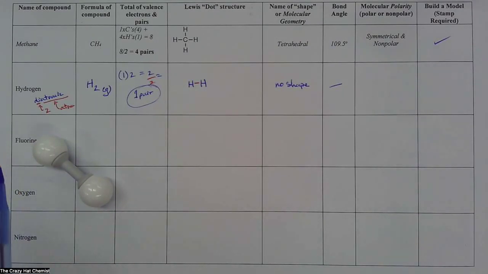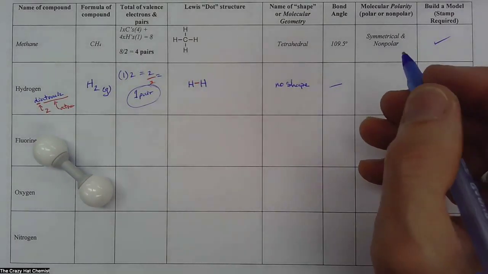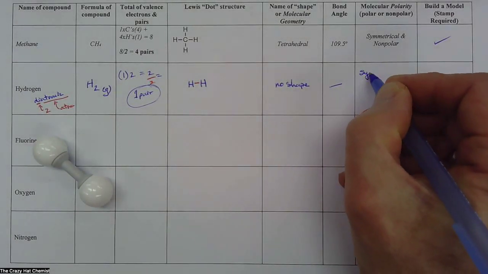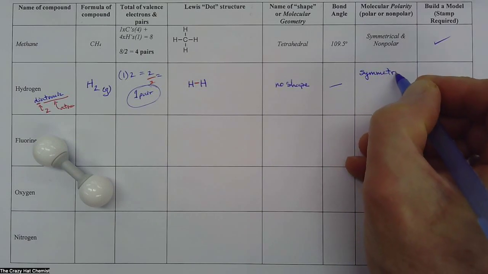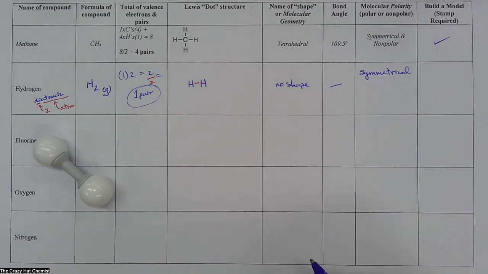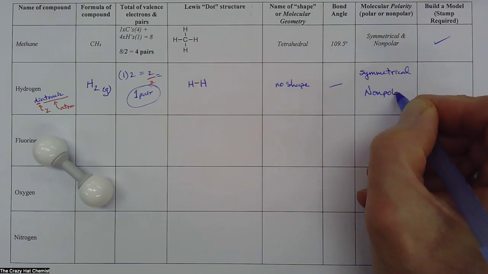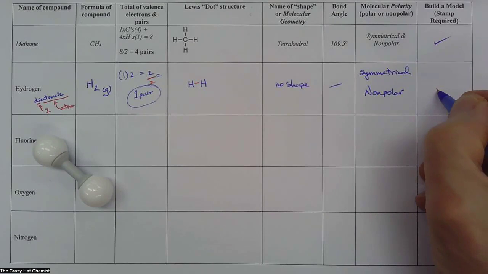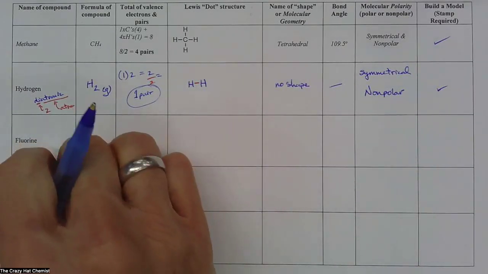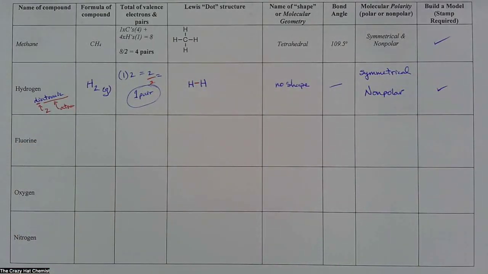Both sides are the same. This is a symmetrical molecule. So being symmetrical and the same, that means it is non-polar. And we just built the model. Perfect. All right, that was super easy. Easy peasy, not too bad at all.